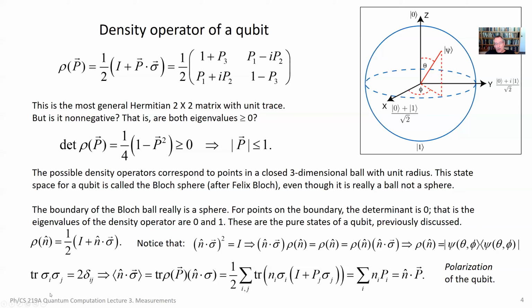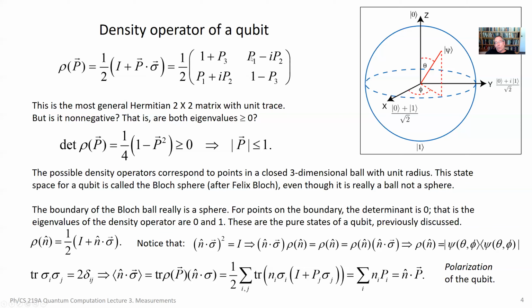Now, another thing that's good to know about these Pauli operators is that if I consider i and j to vary over 1, 2, and 3, the three Pauli operators, sigma 1, sigma 2, sigma 3. Actually, let me come back for a second because I didn't say this clearly enough. If I go back to my form rho of p, you can see that what I've written here after I factor out the 1/2 is p3 times the diagonal matrix with eigenvalues 1 and -1, and that's just p3 times sigma 3.